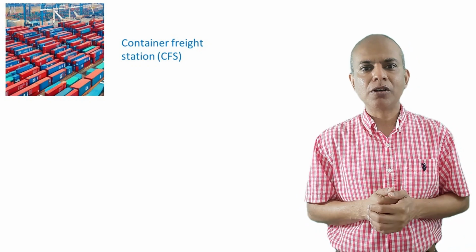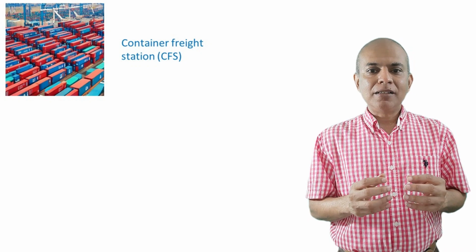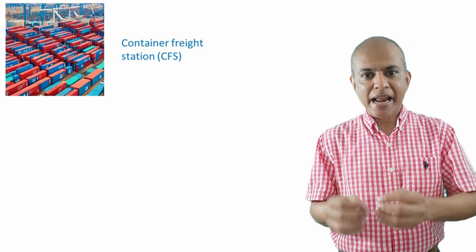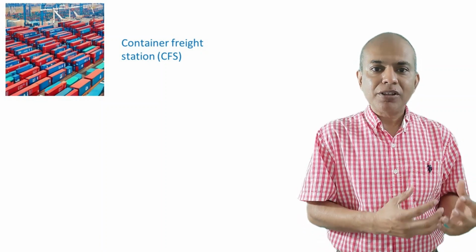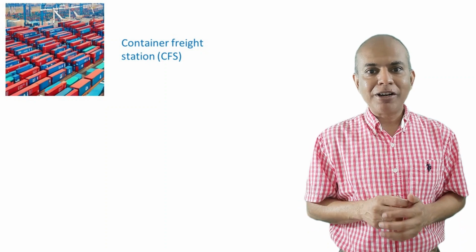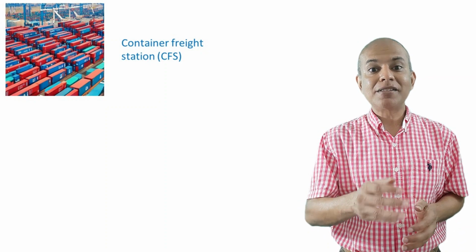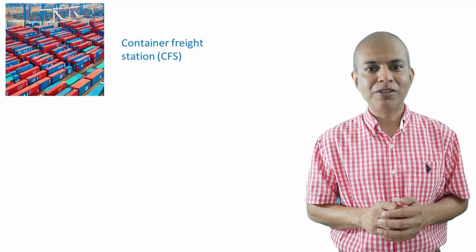Those are simple operations. A third operation could be that customers send individual pallets, and those pallets are stuffed inside the container at a container freight station. So container freight stations also provide these stuffing services, and this is the idea of services I told you a little while back in the previous video.